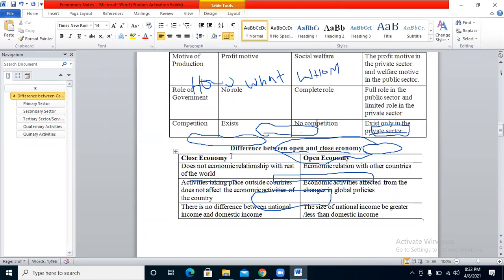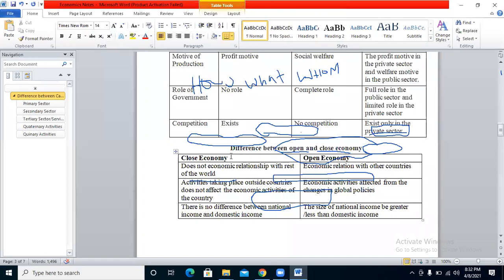If we are talking about the closed economy, whatever monetary, economic, or political activity happens in the UK or USA or any other country, if your country is in a closed economic formation, your economic work will not be affected.